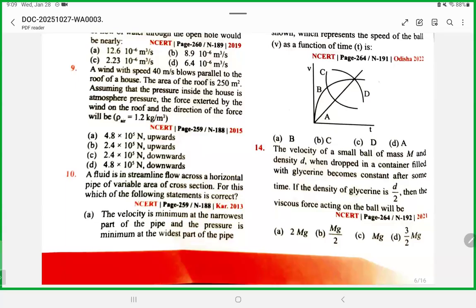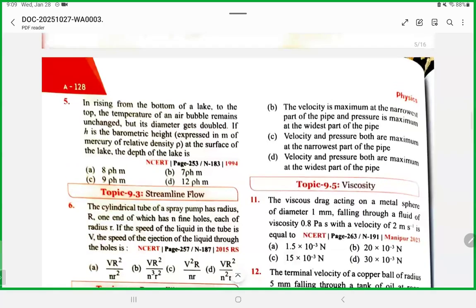If velocity is maximum, it will be the narrowest part. So velocity is minimum at the narrowest part is wrong. Velocity is maximum at the narrowest part is correct. And at the widest part, velocity will be minimum, pressure will be maximum. Make sense?